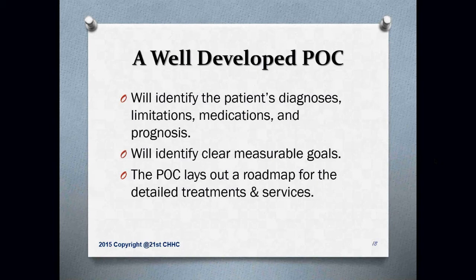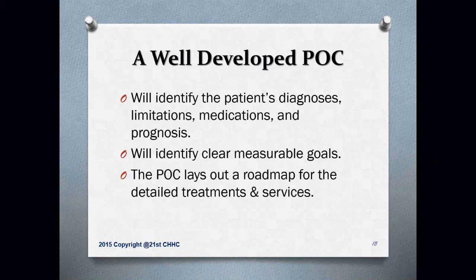If you're not sure of the prognosis, that's where you should be conferring with a physician on what should be marked there. The plan of care will identify very clear, measurable goals, so you know when the patient is nearing discharge and when they're ready to be discharged, or if they're not ready to discharge, that will support the recertification and renewing the patient for another 60 days of service.